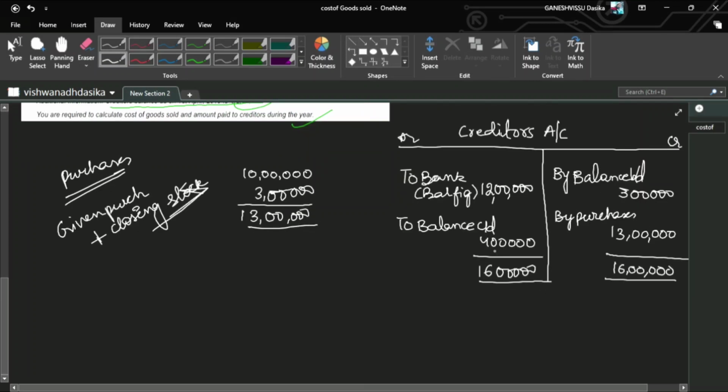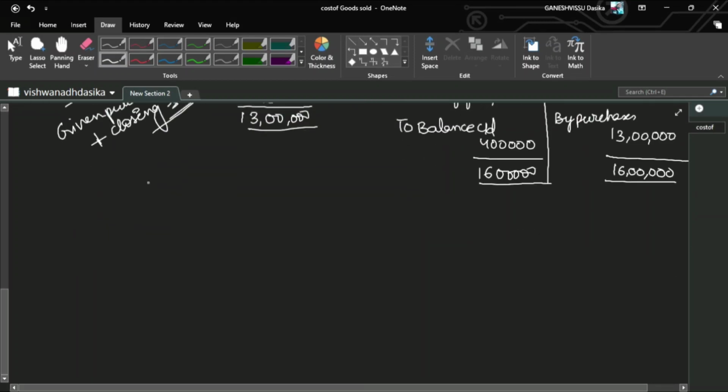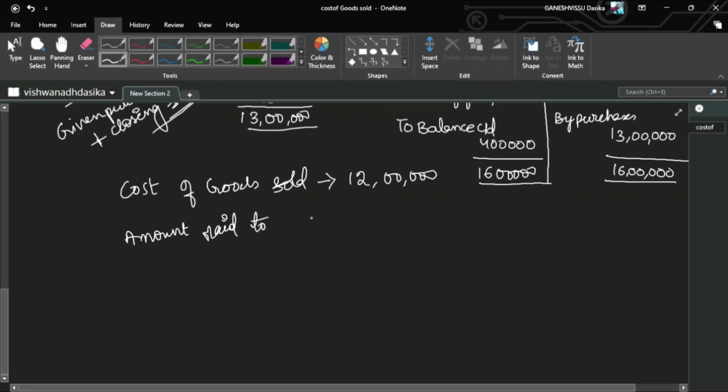Therefore, the answer is that cost of goods sold is 12 lakhs and amount paid to creditors is also 12 lakhs.